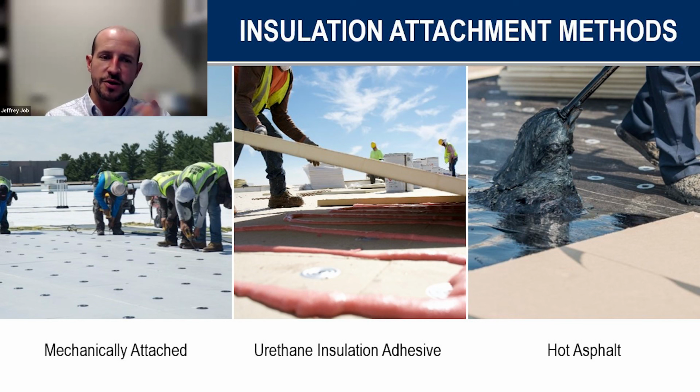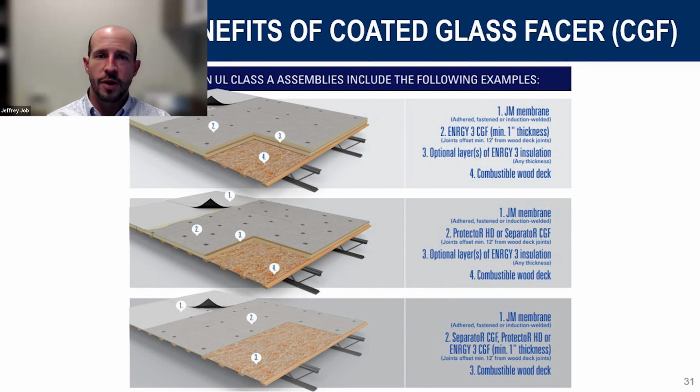I'd also say, back to the Class A thing, whether it be a coated glass coverboard or some of the other coated glass products. We also have a Separator CGF, which is a coated glass coverboard, 25 PSI, so more of a lower PSI recover type product, as well as the Energy 3 ISO product, which can all achieve a Class A over a wood deck.